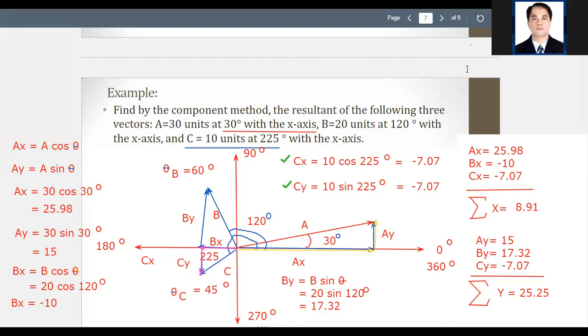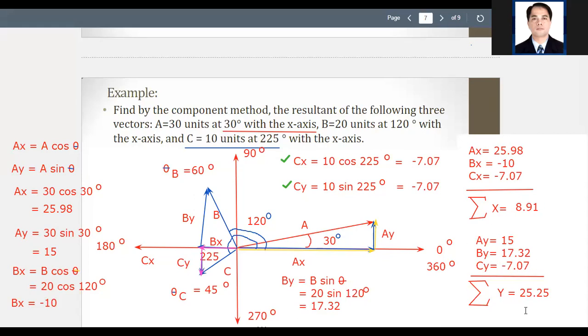Now, what's the purpose of finding all these total summations of values? It is that we are going to get now the final value, which we call the resultant R. Where is now the resultant, therefore? So the resultant, if you are going to draw a different diagram, guys, maybe we can see this.